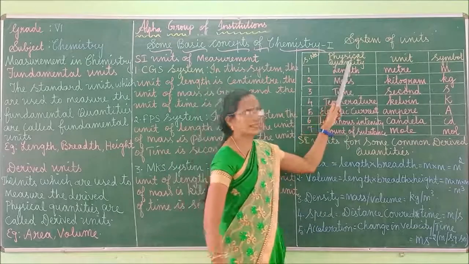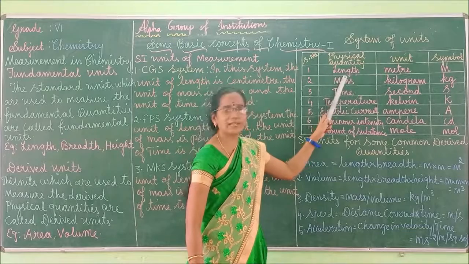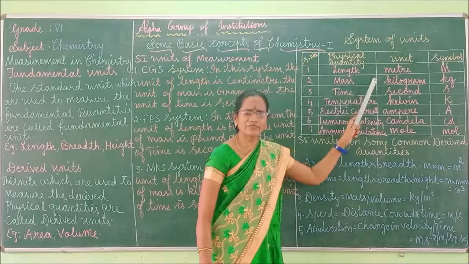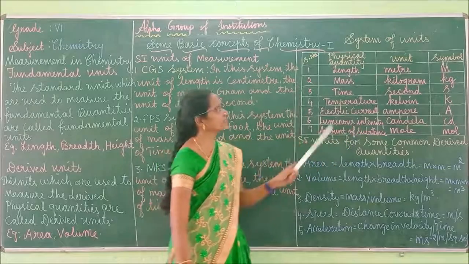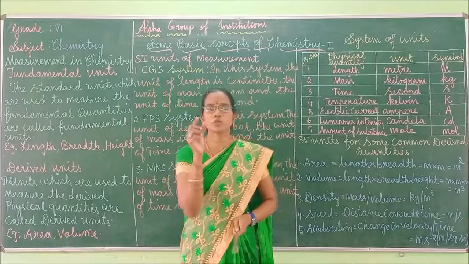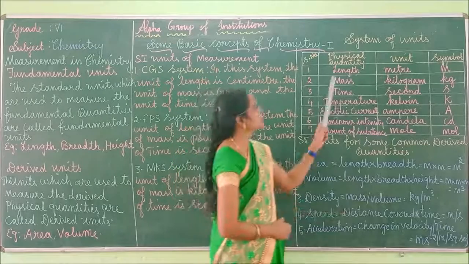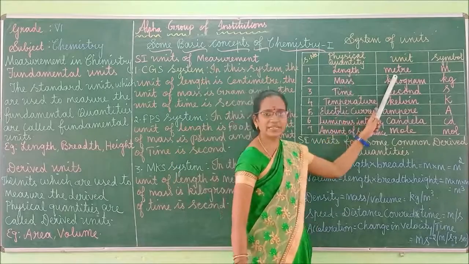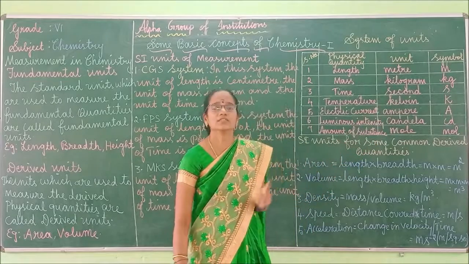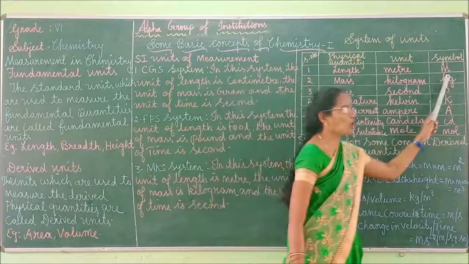So first, the physical quantity length. What is the unit of length? Its unit is meter. You should not use capital M, use small m. So length is measured in meter. And what is the symbol of meter? The symbol of meter is small m.